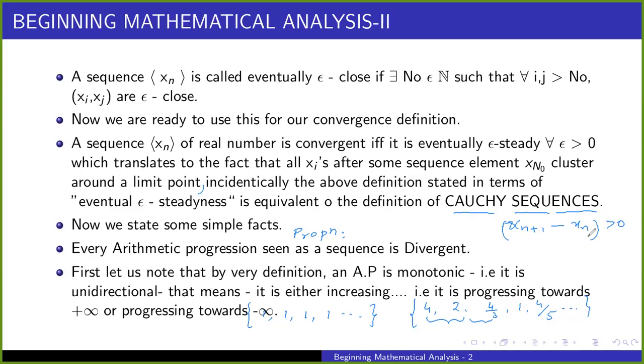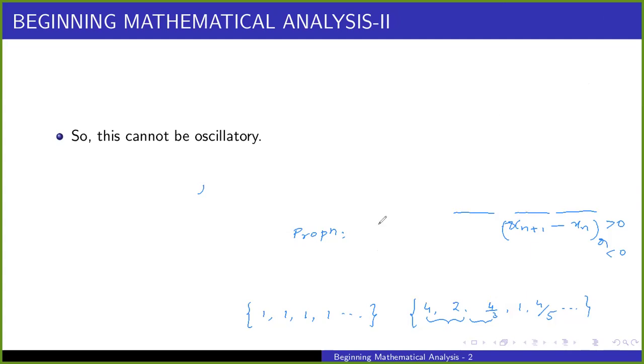On the other hand, it can be negative. But only one of them happens in an AP. That's very clear, because if the common difference d is positive, the first one happens. If the common difference is negative, the second one happens. So this cannot be oscillatory.